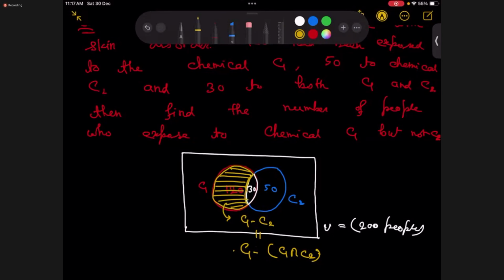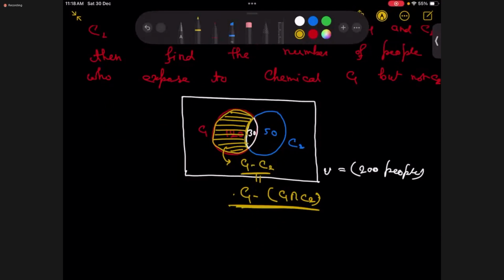So it doesn't matter whether we subtract C2 or we subtract C1 intersection C2, because in both cases the result will be the same. But this is the correct notation, and for our little convenience, we can write this statement.